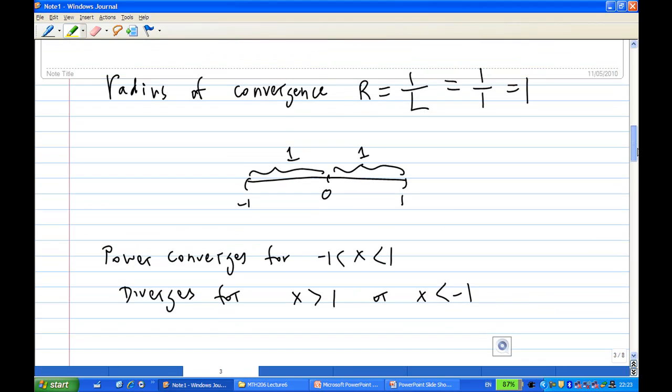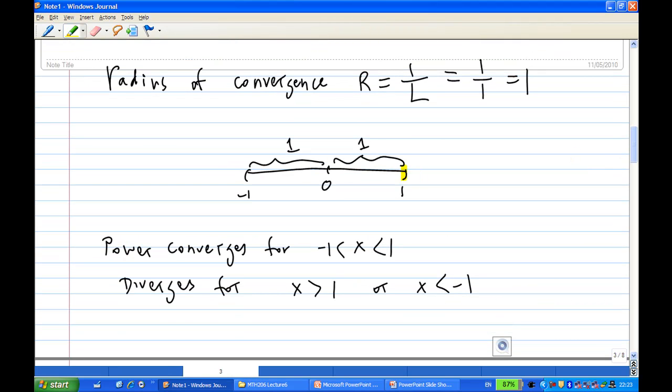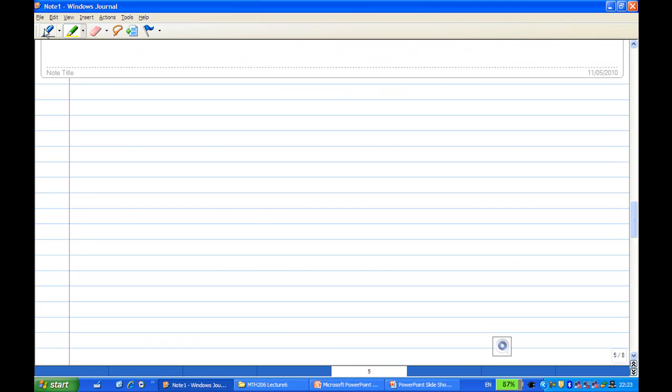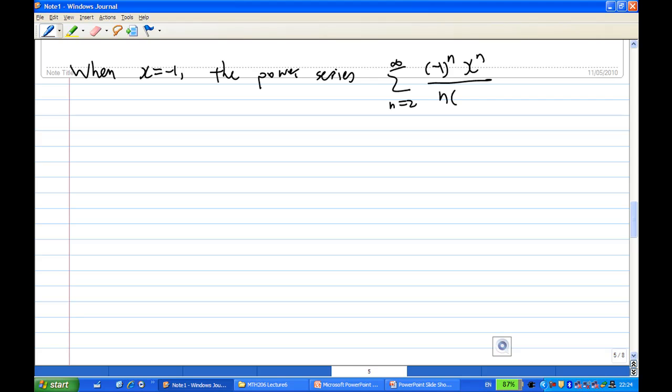Now how about when x equal to minus 1, the other endpoint? Let's see what happens to the power series. When x equal to minus 1, the series is the summation from n equal 2 to infinity of (minus 1) to the power n, times (minus 1) to the power n, over n times n minus 1.